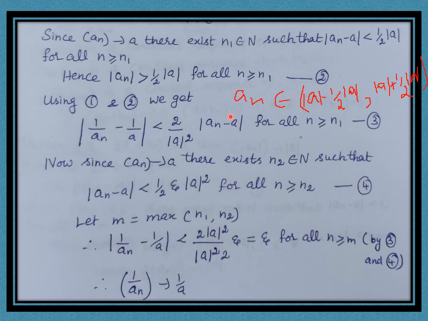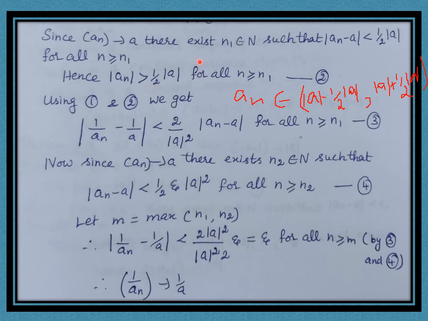In the same way, as the absolute value of an minus a is less than half the absolute value of a, we can say that an belongs to the open interval (absolute value of a minus half into absolute value of a, absolute value of a plus half into absolute value of a). So we have the absolute value of an is greater than half the absolute value of a. Let us mark it as 2.